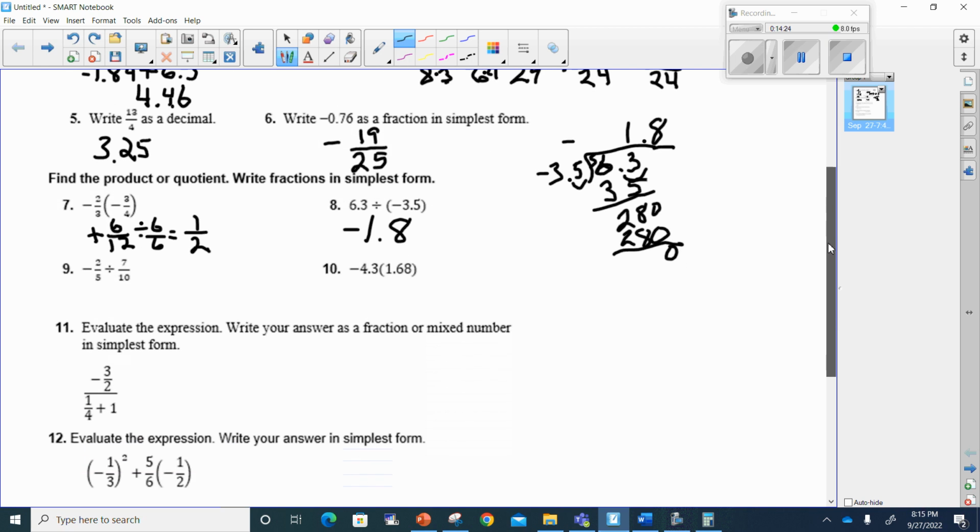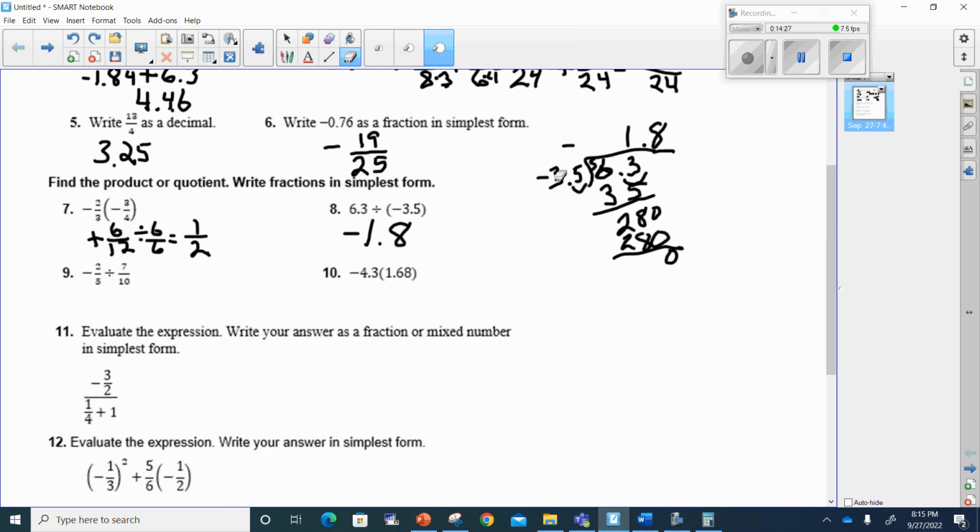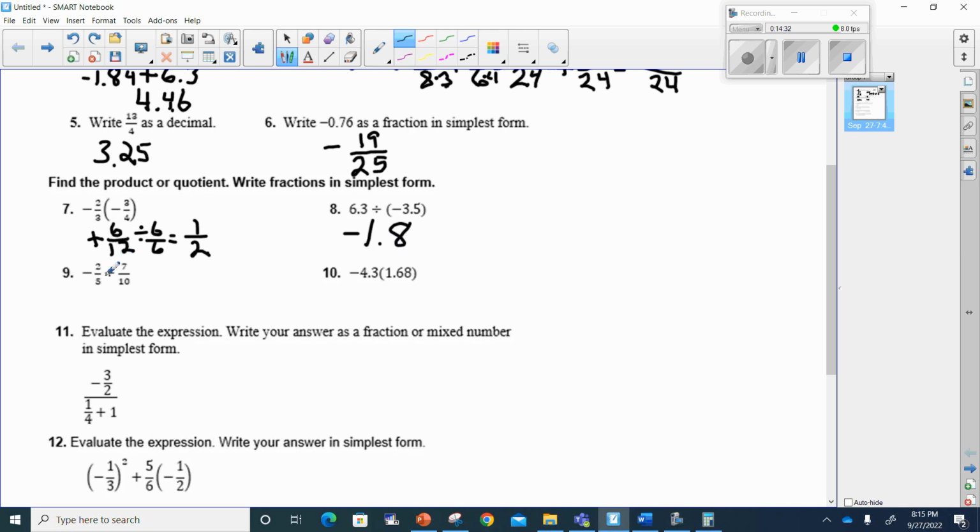All right, next I'm going to number 9 and give myself some room to work again. This says negative 2 over 5 divided by 7 over 10. This is a fraction divided by a fraction. So we can use keep, change, flip. I'll keep the first one the same, negative 2 over 5. I'll change the division to multiplication, and I'll go ahead and make this 10 over 7.